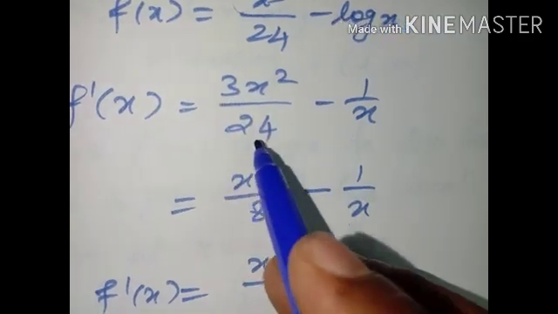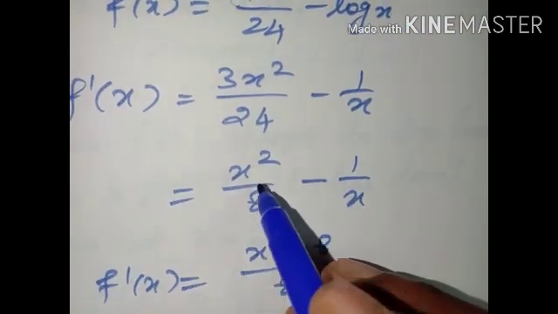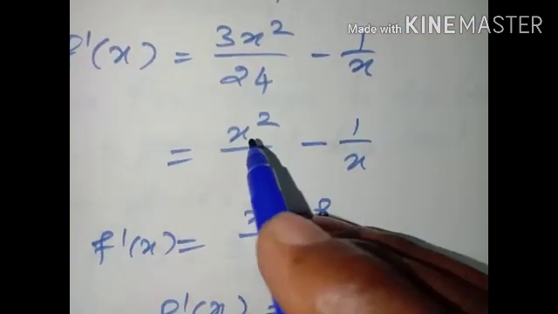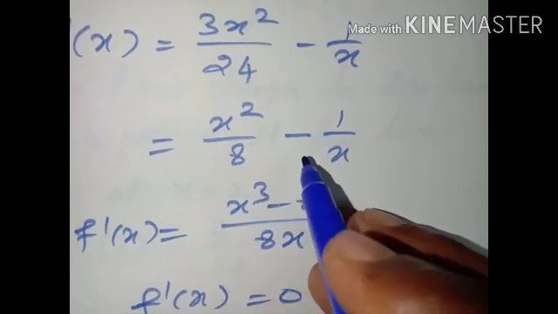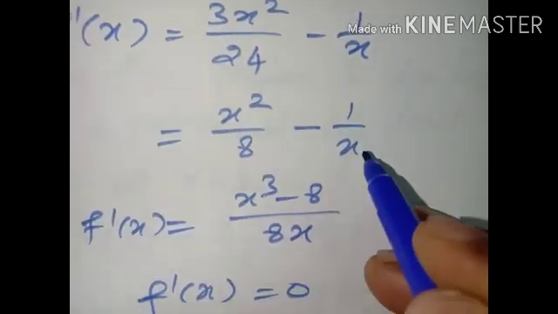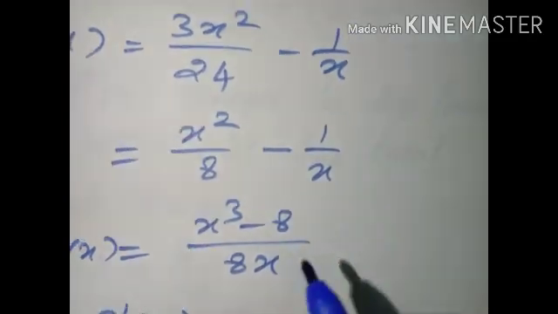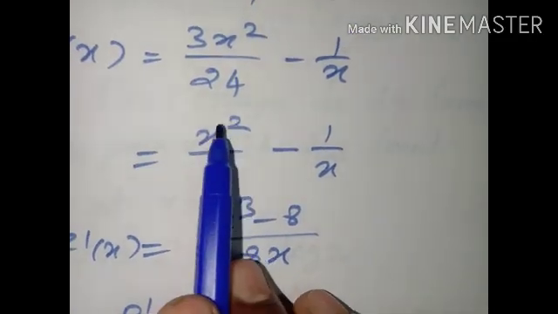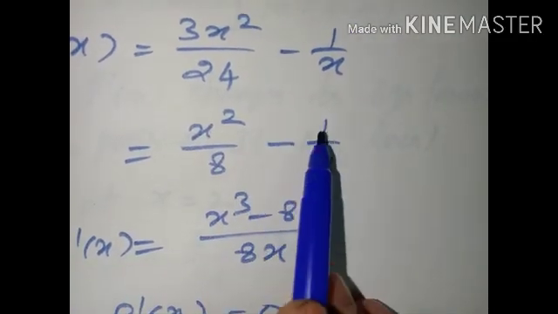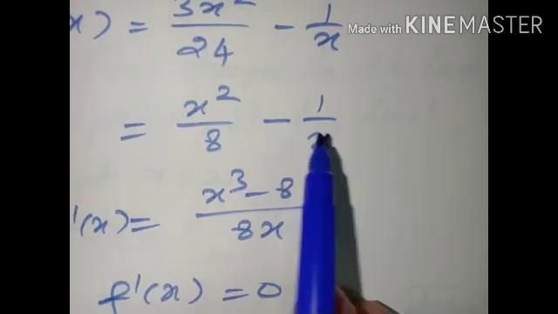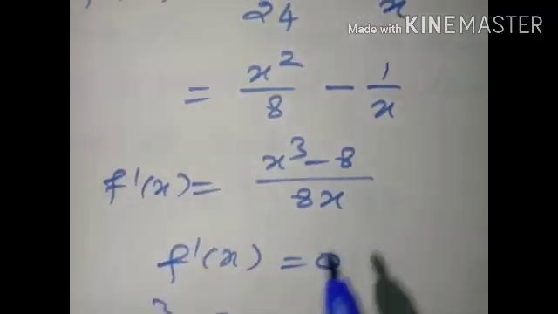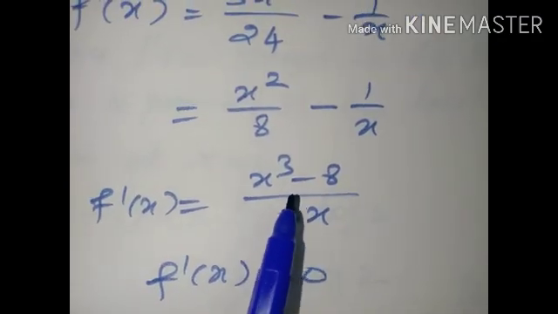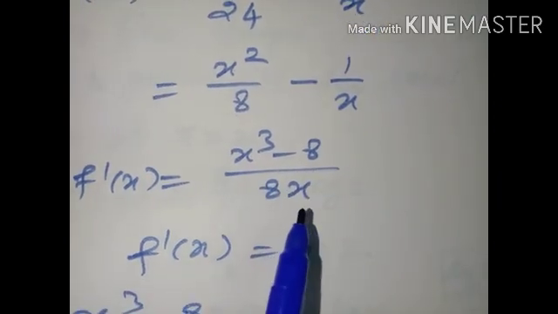Then 3 divided by 24 cancels to 1 divided by 8, so x square divided by 8 minus 1 divided by x. Cross multiplying, x into x square is x cube, minus 1 into 8, divided by 8x. Then f dash of x equal to x cube minus 8 divided by 8x.